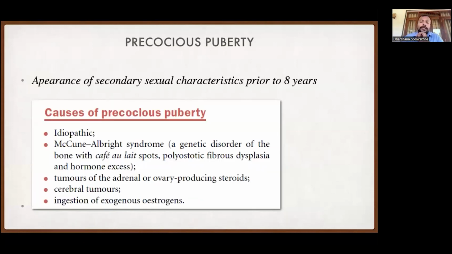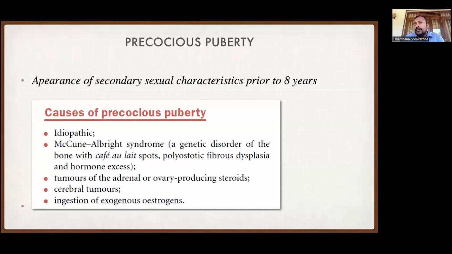Precocious puberty is, I would say, an uncommon presentation in the GP setup, but it can present, because sometimes parents might bring their daughter to you saying, doctor, my daughter is still age 7, but she has started menstruating, and she has breast development and pubic hair, and basically she looks like an adult girl.